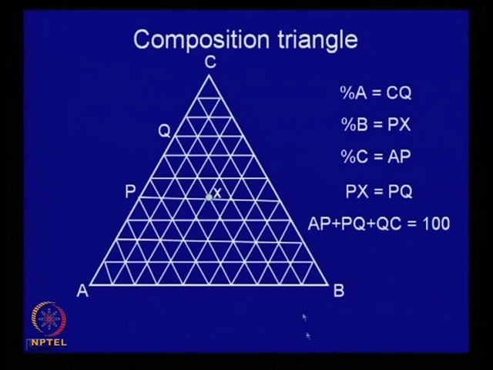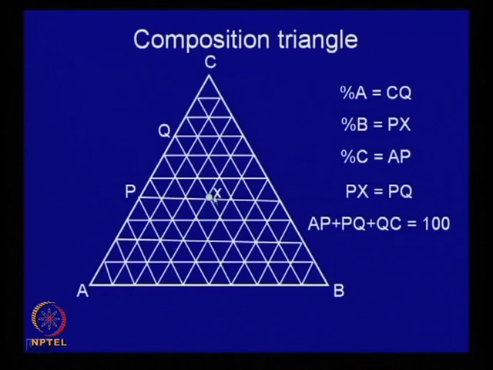In the same way, lines drawn parallel to the side opposite vertex A, that is CB, represent percentage A. Similarly, lines drawn parallel to the side opposite vertex B, that means AC, represent percentage B, and this end is 100%, this end is 0. Now let us look at how to represent composition.